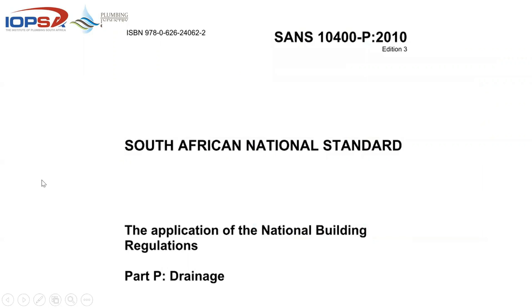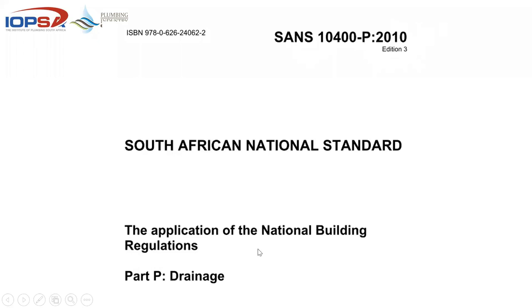Then the building regulations Part P referred to 10-400 Part P. I'm not going to go into detail. It's quite a big document. But there's currently work afoot, going at a snail's pace, on changing a couple of things in this actual standard.